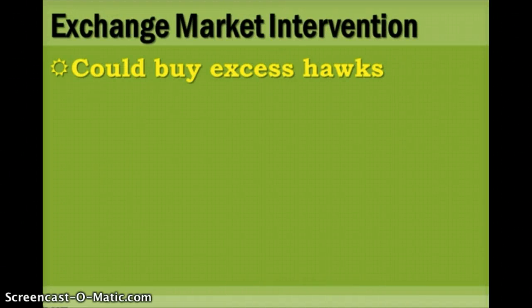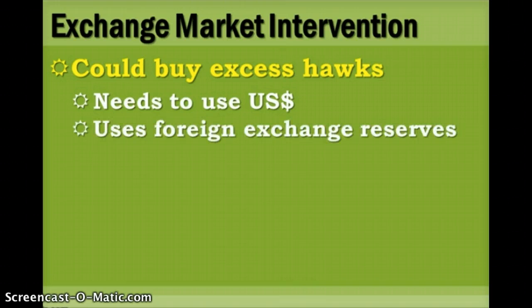One is that they could just buy up the excess hawks in the market, and in order to do that, Maditopia would need to use its reserve of US dollars. Each country carries its own reserve of foreign currencies, and if they're going to be involved in a fixed exchange rate regime, then they're going to need to use that foreign exchange reserve to buy up any excess supply of their currency that may exist in the market.